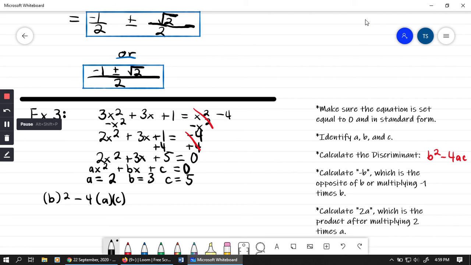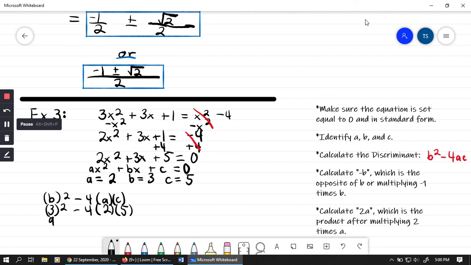B is 3, so that's 3 squared minus 4 times 2 times 5. Remember that we go ahead and square the 3. 3 squared is 9.